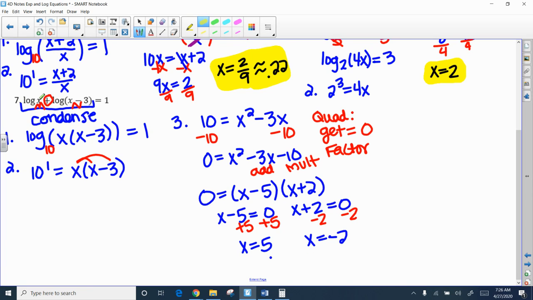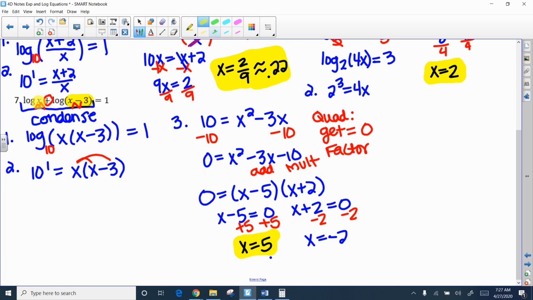If I look at my original equation, log of x plus log of x minus 3, we can't take a logarithm of a negative number. So we have to make sure that if we plug these numbers in, I don't get a negative that I'm taking a log of. If I plugged in a 5, this would just be log of 5, which is allowed. And if I plugged in a 5 here, this would be log of 2, which is fine. They're both positive. So x equals 5 is going to work.